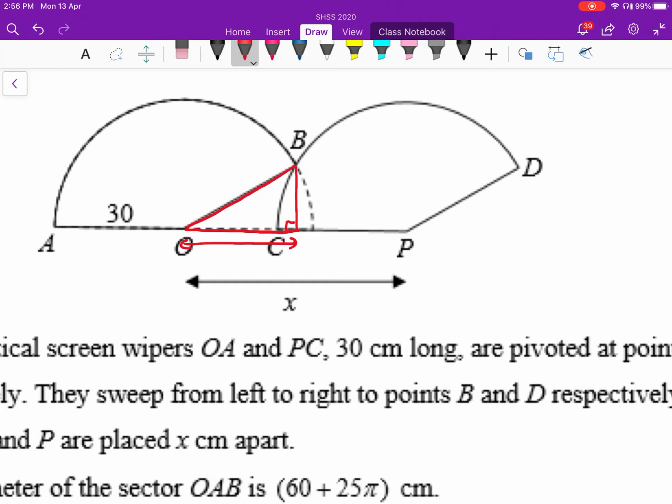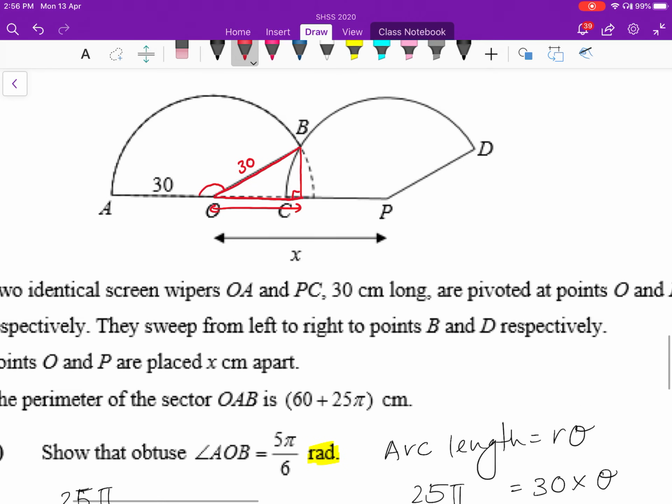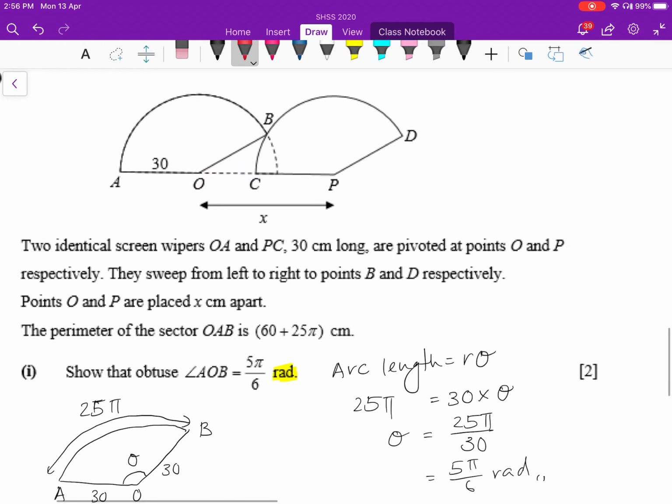Let's fill in some information. Now we know that the radius of this sector is 30, and we know that the angle here is 5 pi over 6. Can we find the angle over here, BOC? Yes, we can. We take 180 degrees minus 5 pi over 6.